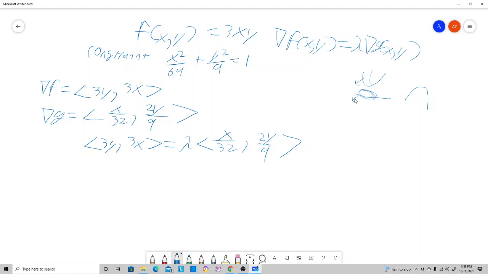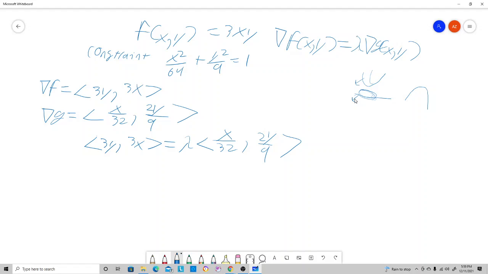And at the same time, you have to remember that the gradient is shining down on it, creating a normal vector, orthogonal to that. That's the best way I can try to visualize it, or make sense out of this formula. Okay, so now all we have to do is set them equal to each other.